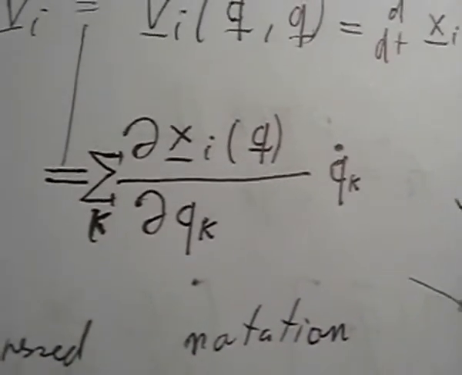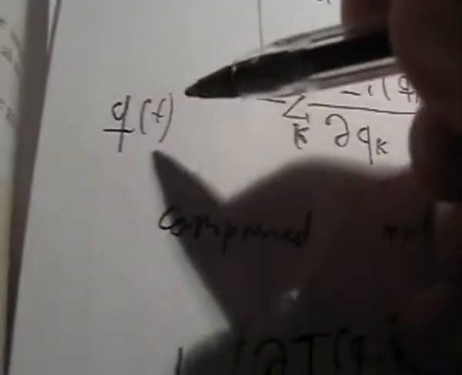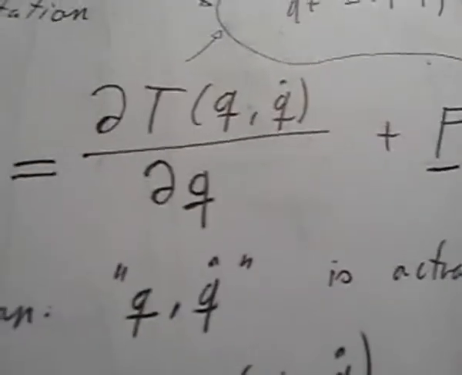For simplicity, instead of writing usually q(t), since we're interested mostly in computer simulations, we usually just write q, this way. I observe this here.